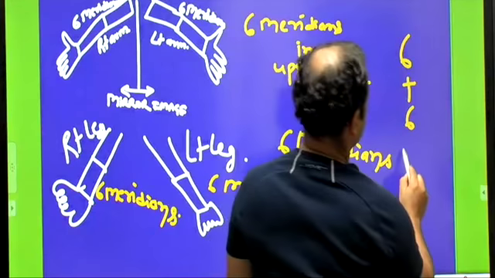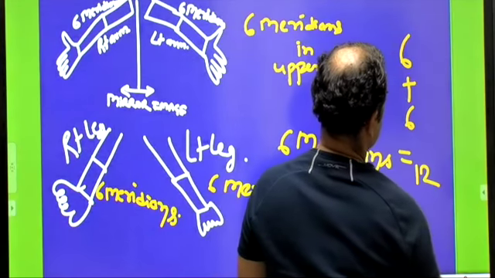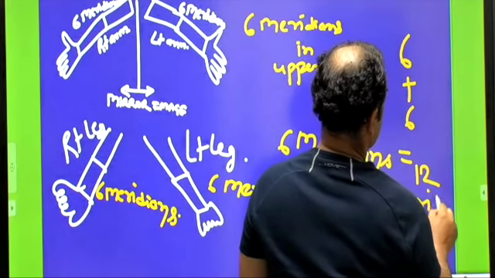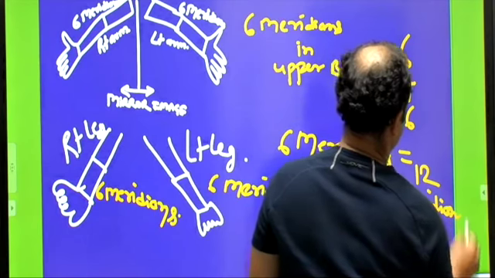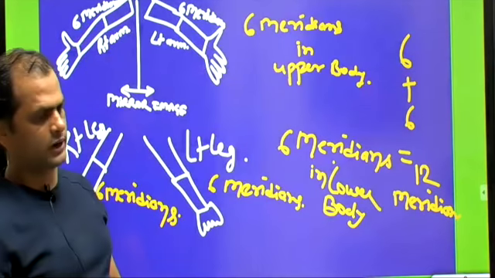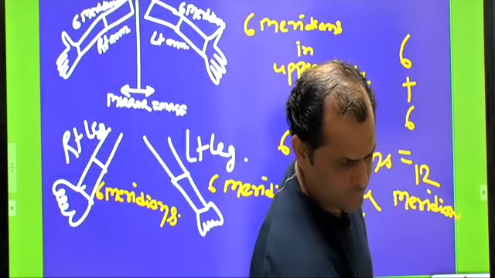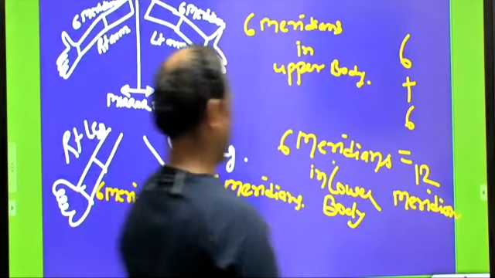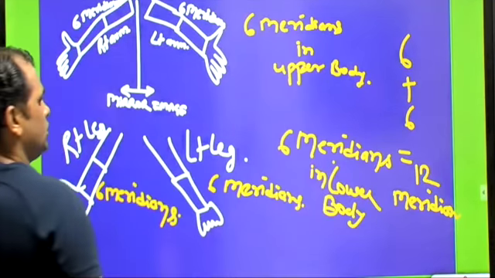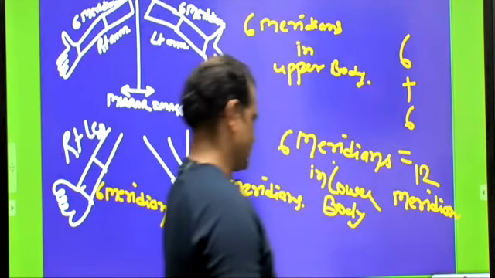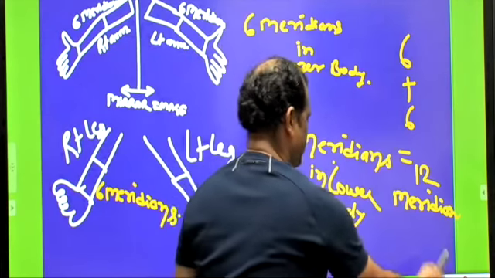If we study these 12 meridians, in the upper body as well as the lower body, we can rectify any problem. So now, slowly, we are learning all the 6 meridians of the upper body and all the 6 meridians of the lower body.